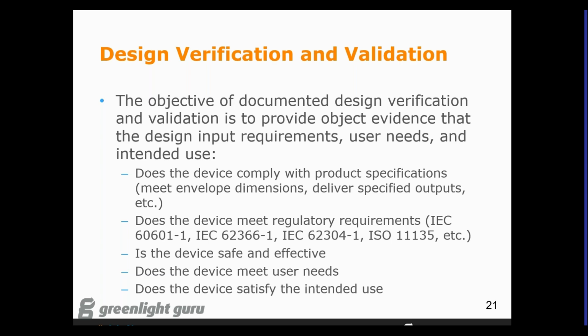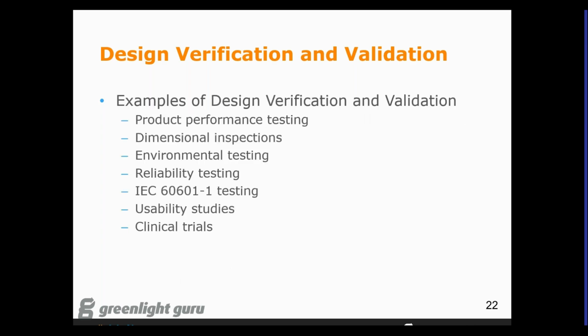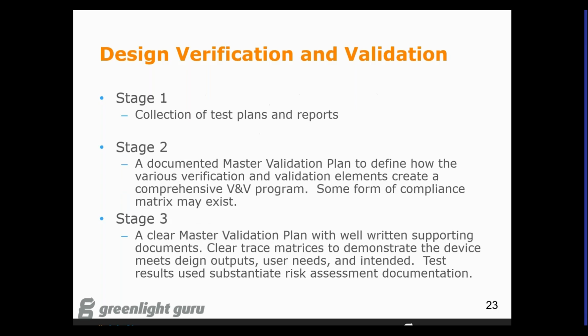This is the feedback to demonstrate that you've satisfied all those requirements, and that you've got a safe and effective device. You'll have product examples of these: product performance testing, dimensional testing, reliability testing, your 60601 testing, usability, all sorts of things go into that.